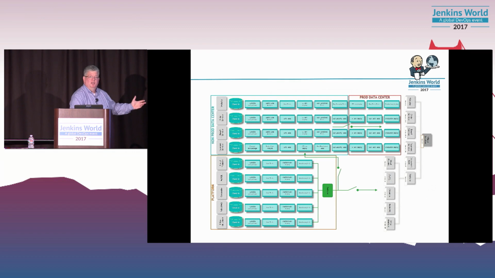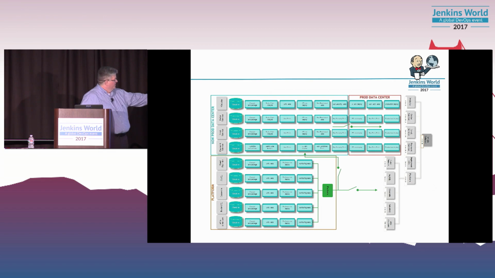So this is an example of a little bit more complex pipeline. If we look at the earlier pipeline, it's a simple use case where we're going through build, code quality, deployment steps. In real life, we have pipelines that look a little bit more like this, where we're supporting an entire application. I'm not going to drain the slide too much, but if you look at the bottom section down here, we have the platform and all the pipelines and source code repositories that go along with that.